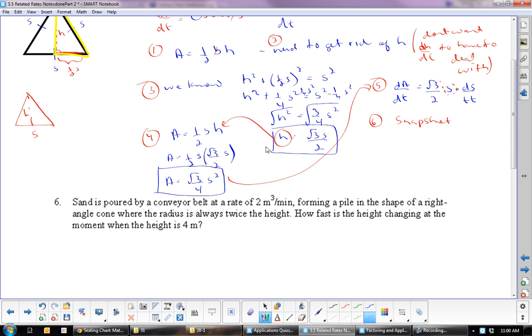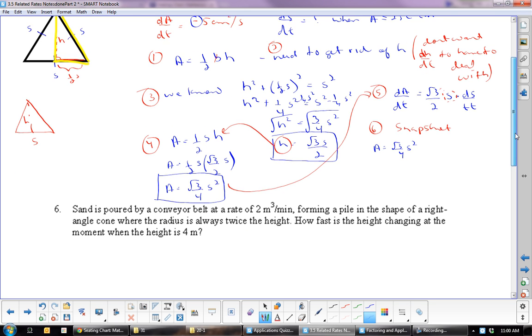Okay, snapshot. Now, we know that area equals root 3 over 4 S squared. Okay, and it says the triangle, the area is decreasing at 5 centimeters per second squared. Okay, no, can't use that because that's dA, right?